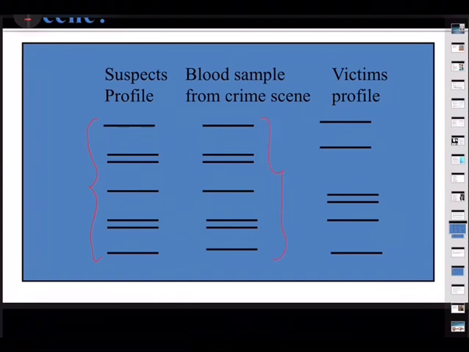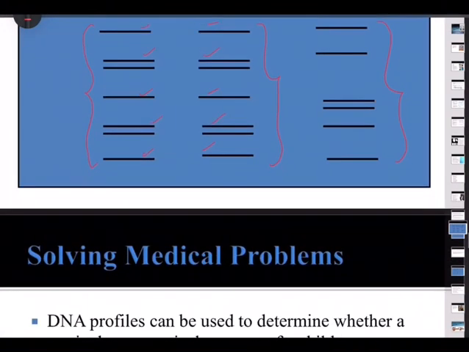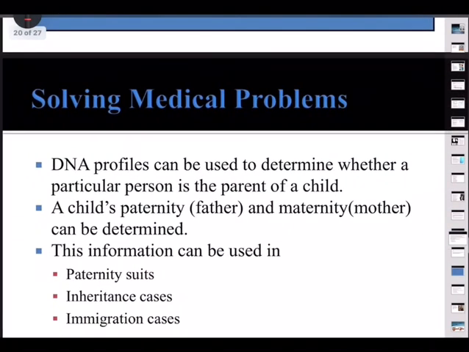This is the one. And the victim's profile is this. So, is the suspect's profile matching with the blood sample from the crime scene? Yes, look at that. So, will the police come to a conclusion easily? That is the greatest use of this.